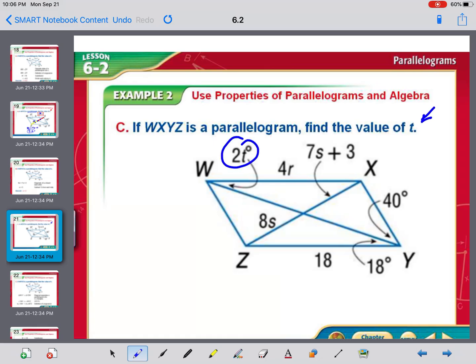Same picture. In this case, they asked us to find the T. Here's a T. T would appear to be the measure of this angle right here, this piece. Now, I want you to notice the parallelogram has two congruent sides cut by a diagonal.